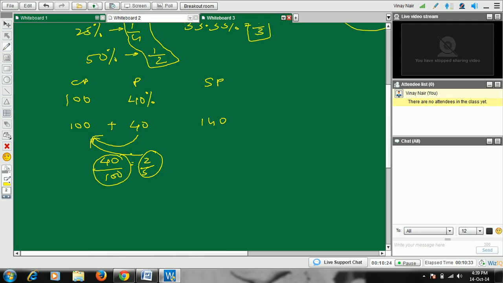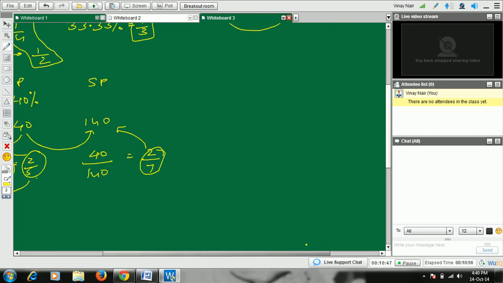So when profit is 2/5 of the cost price, how much is the profit on selling price? So the profit on selling price will be 2 upon 7. So when the profit is 2/5 of the cost price, it is 2/7 of the selling price. Let us consider one more example.